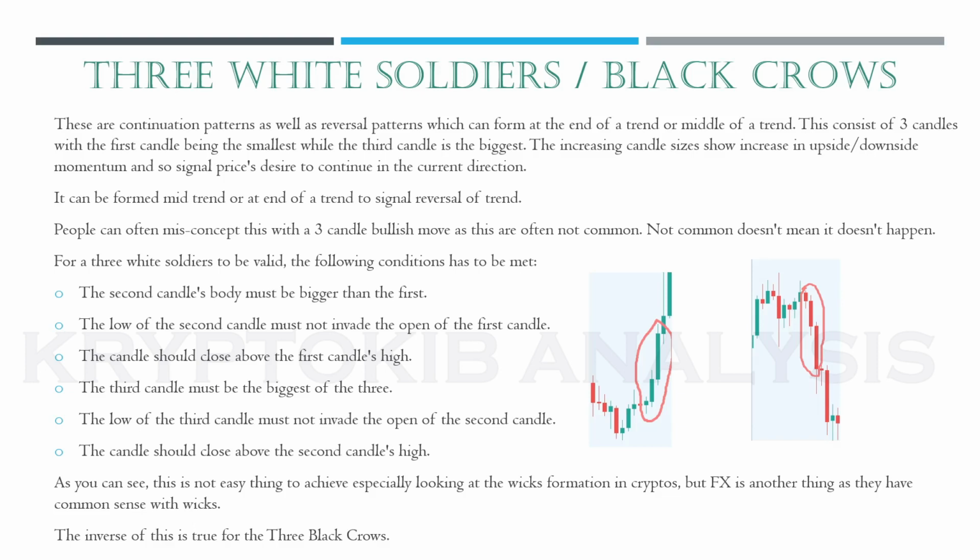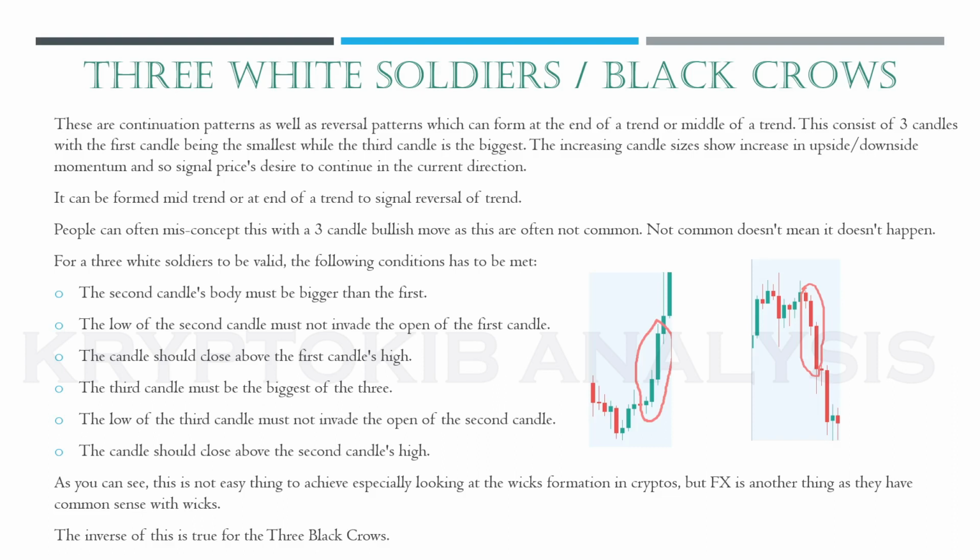The third candle must be the biggest of the three, which means the first candle is the smallest. The low of the third candle must not invade the open of the second candle. The candle should close above the second candle's high.